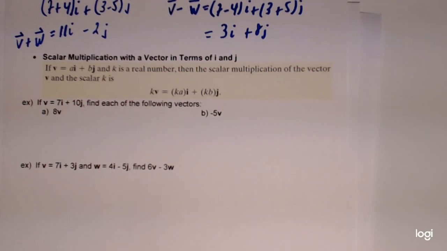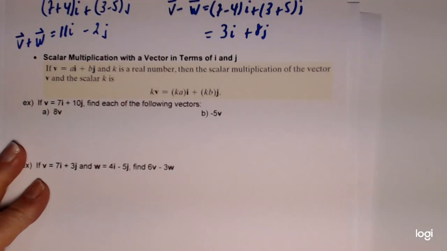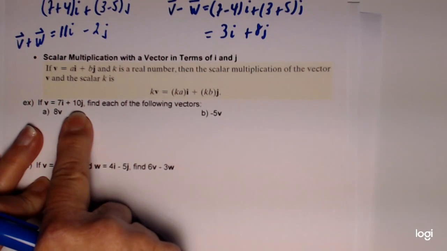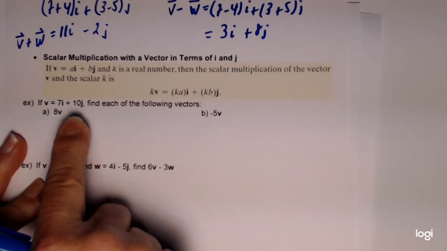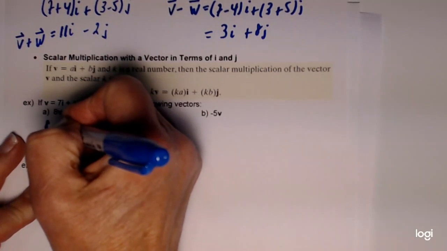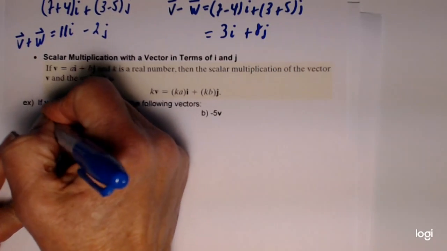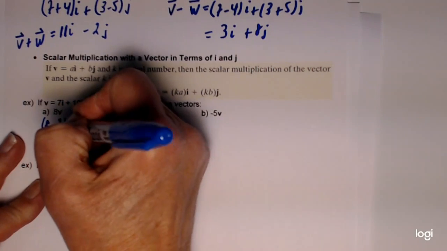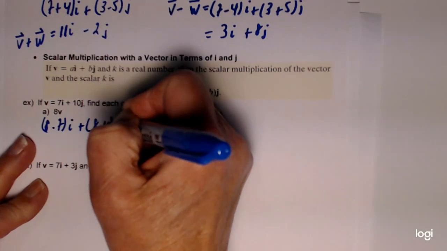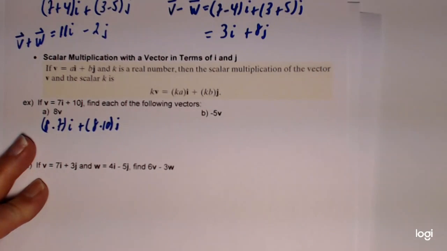So in this first example here, we're looking at 8v. What we're going to be doing is our v is 7i plus 10j. So we're going to be looking at 8 times 7 for our i, and then 8 times 10 for our j.